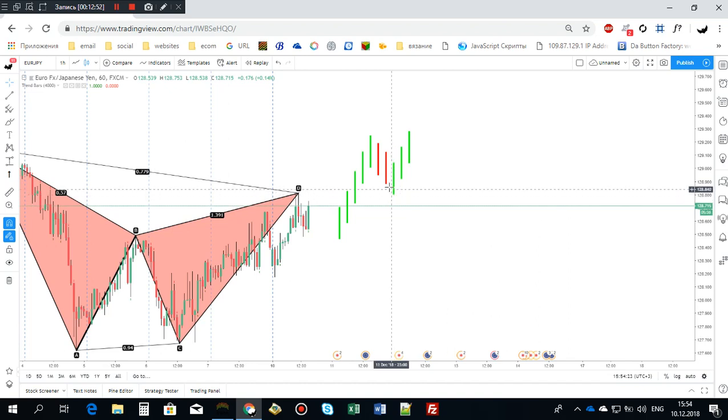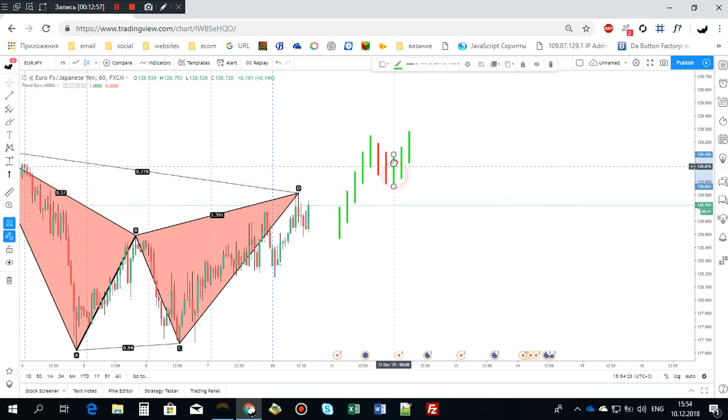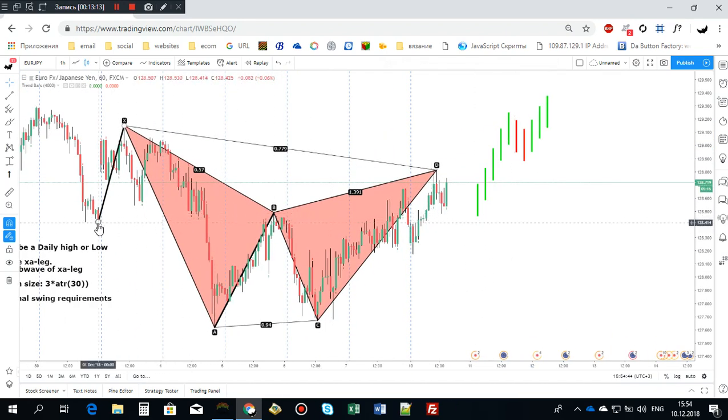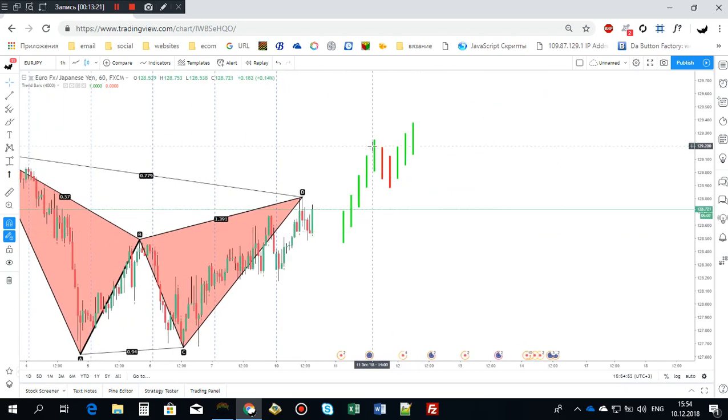And in this example we have it this way: it is lower than the first candle and it is lower than the second candle as well. Even if the candles are like this, then again this low is lower than the first candle and then the second candle. It also meets the minimal correction requirements. So any leg of your pattern, YX, X to A, A to B, B to C, and C to D, should meet this minimal requirement.